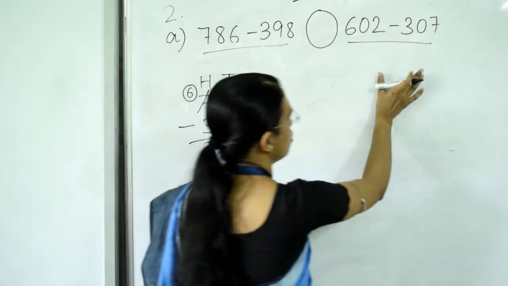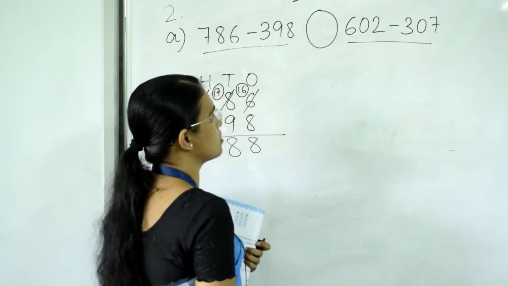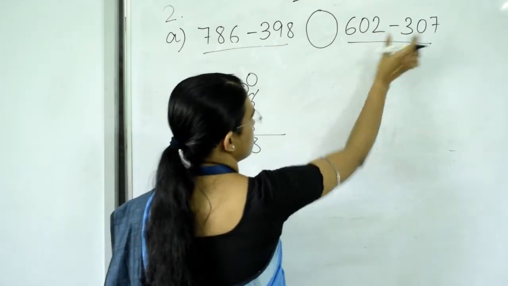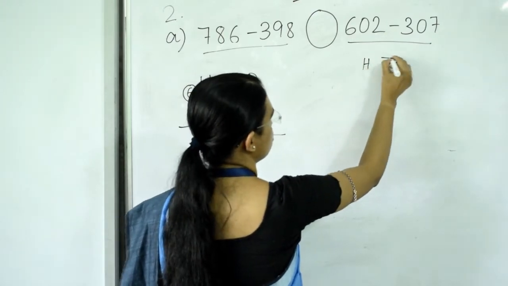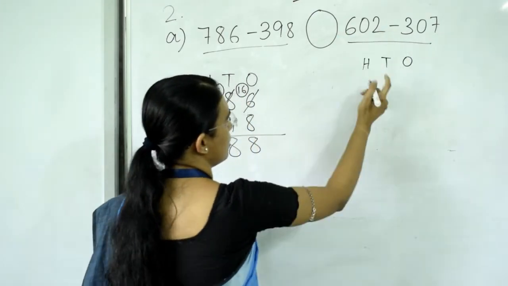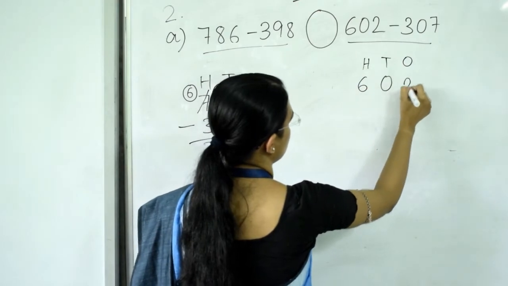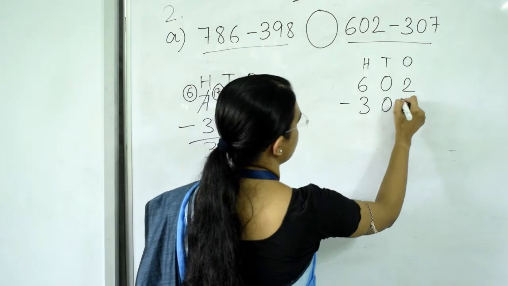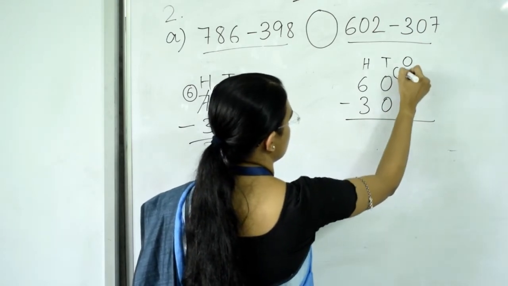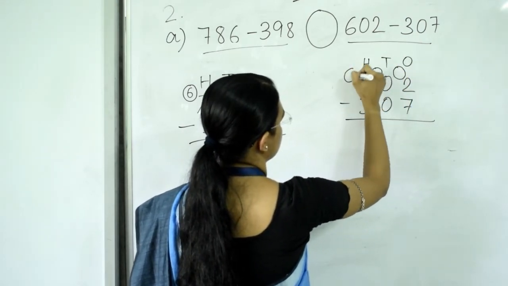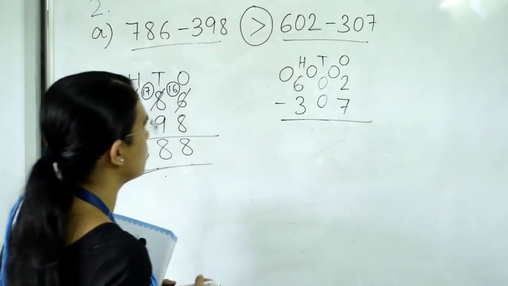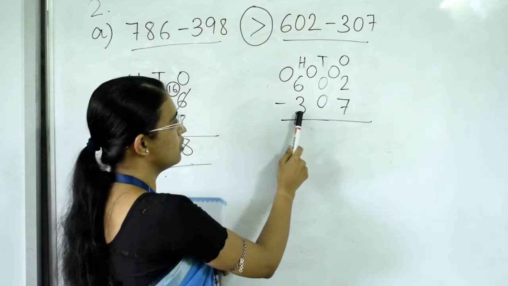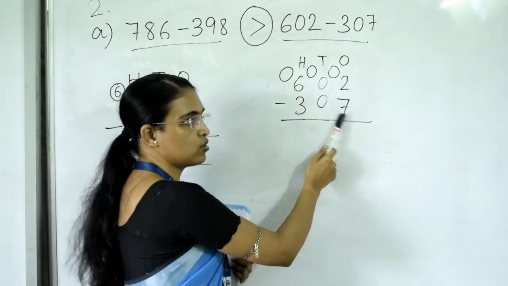Now we will solve this sum. Again both numbers are 3-digit numbers, so we write H T O. Then put this number at the top, 602, then use this sign, then write this number 307 at the bottom. Now look here, we have 602 at the top and we have to subtract 307, right?